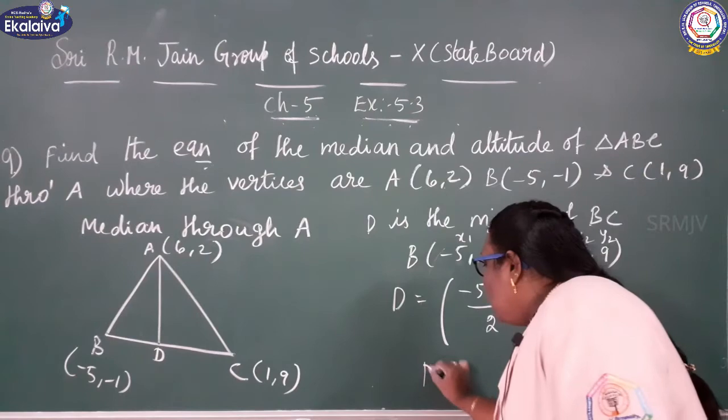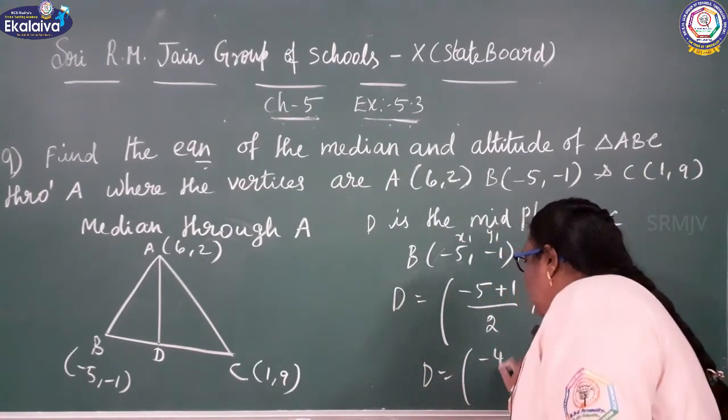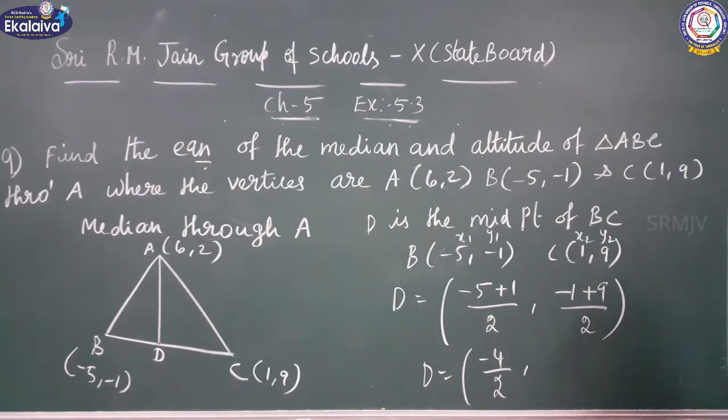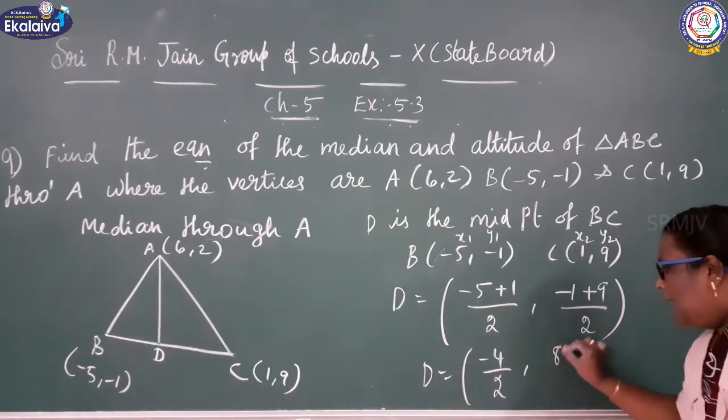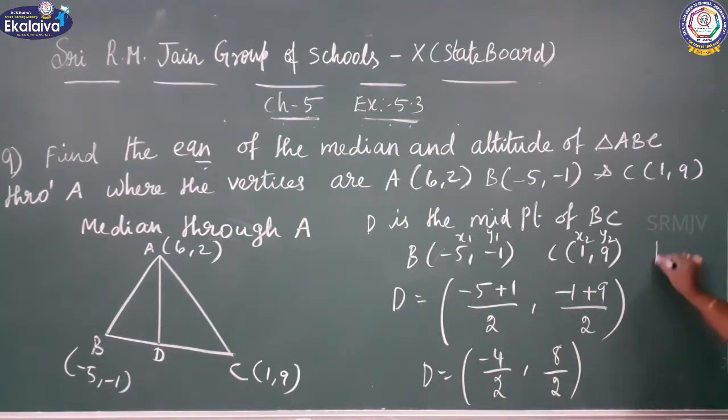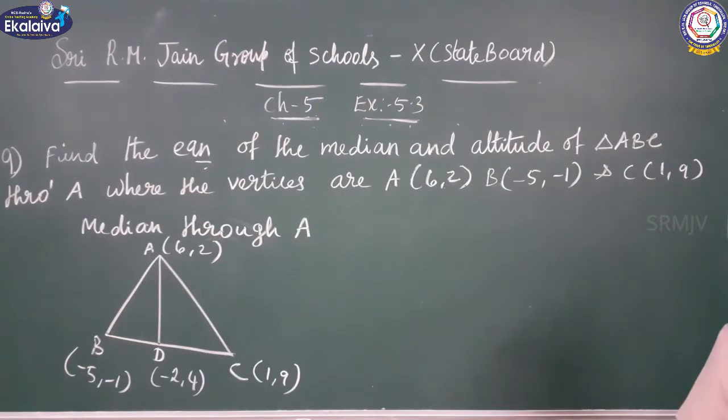So D equal to minus 4 by 2, 8 by 2. What is the midpoint value we are getting? D point is nothing but minus 2, 4.